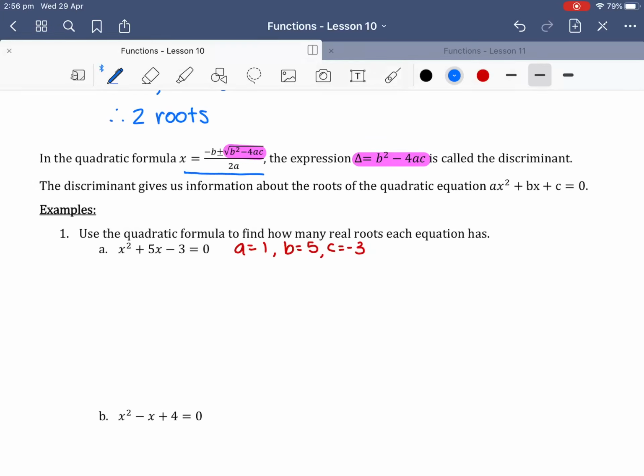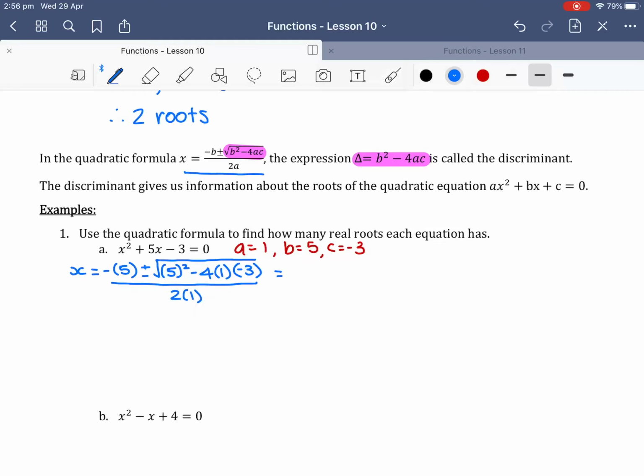Then we substitute these values into the quadratic formula. We'll have x equals minus b, so minus 5, plus or minus the square root of 5 squared, which is our b, minus 4 times our a of 1, times our c of minus 3, all over 2a, so 2 times 1.